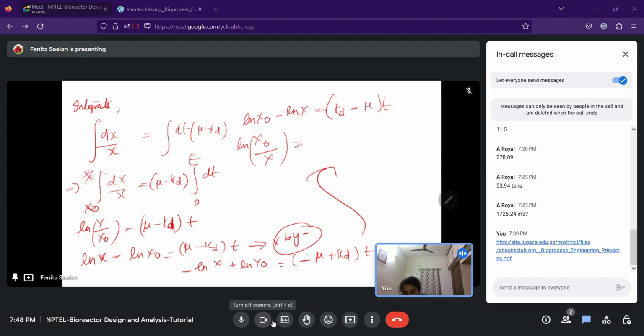It will change into minus ln x plus ln x naught equal to minus mu plus kd into t, which can be rewritten as ln x naught minus ln x equal to kd minus mu into t, further which can be modified into ln of x naught by x equal to kd minus mu into t. This is how the answer for question 5, which is option A, I guess, was arrived at.